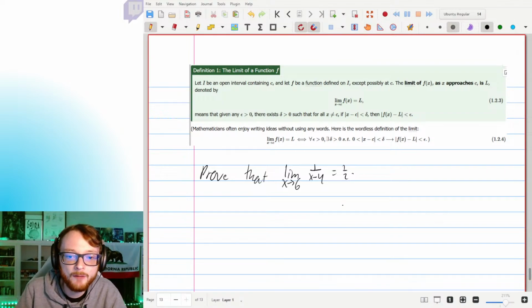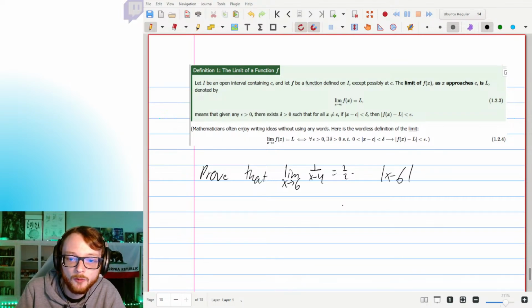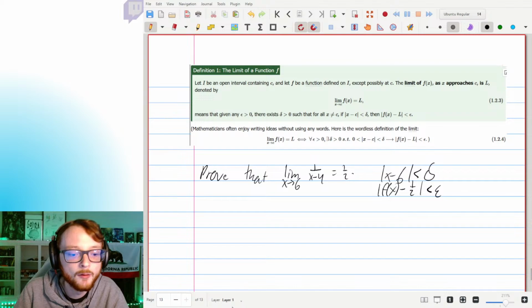So based off the definition, we want the absolute value of x minus 6 to be less than some number delta. And we want the absolute value of f of x minus our proposed value for the limit, 1/2, to be less than epsilon.